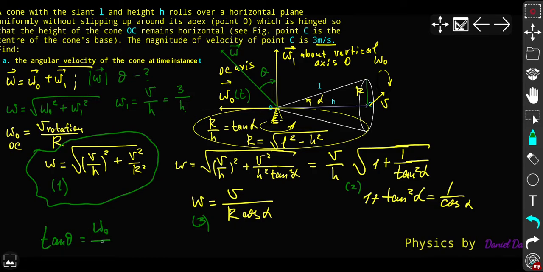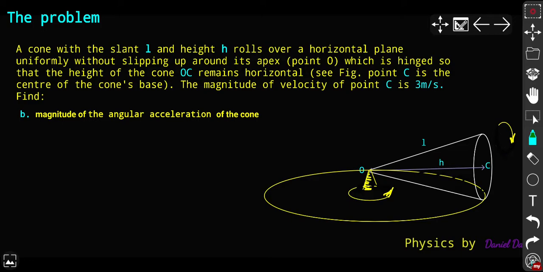And if you put that, it will be 1 over tan alpha, or basically cotangent alpha. Okay, so that's how we can define it. Basically just take omega 0, take omega 1 and divide them. All right, so that's the final expression for the angle theta, and we can move to the second question, B.